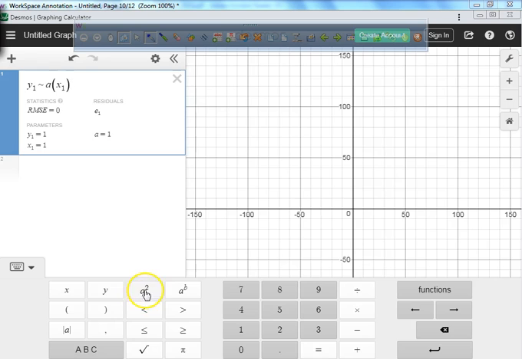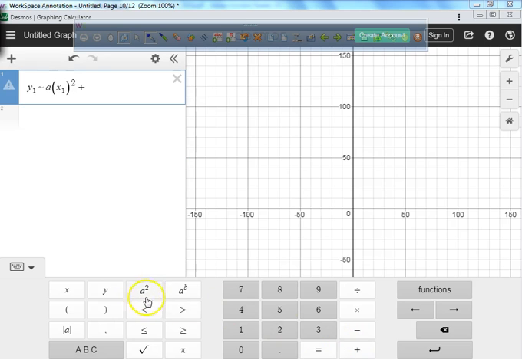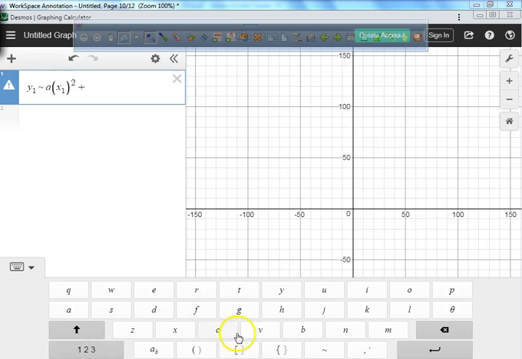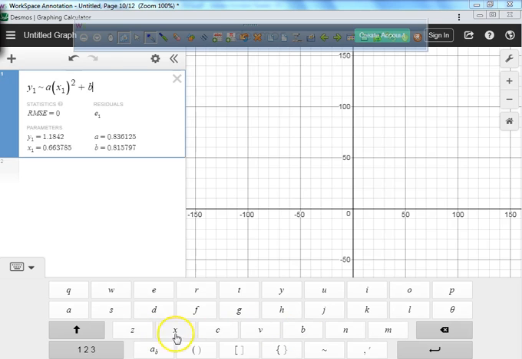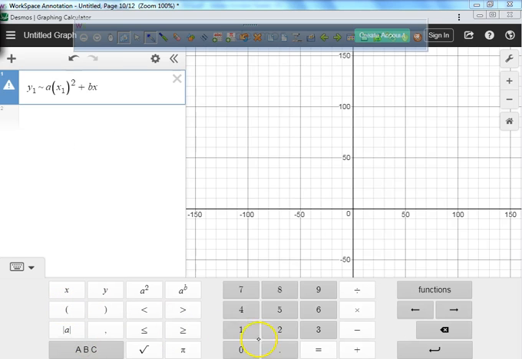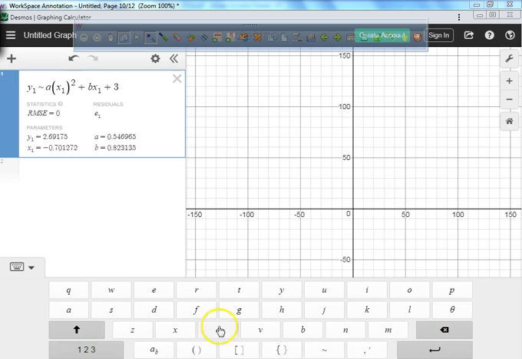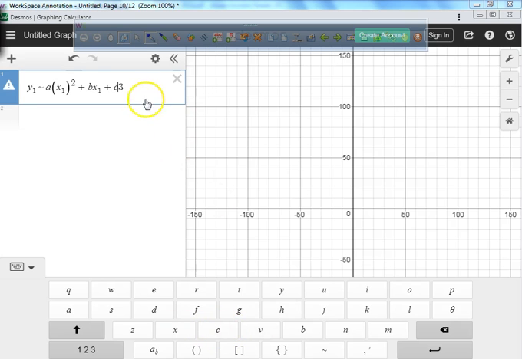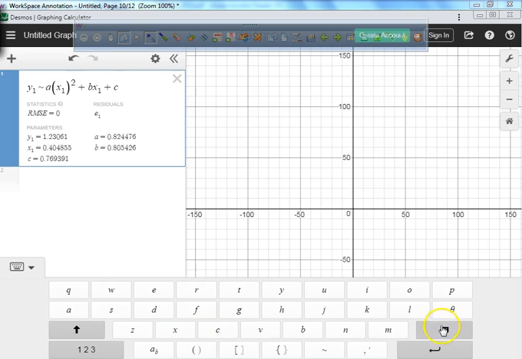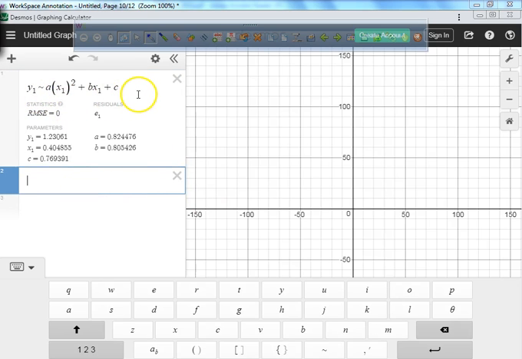Close the parentheses, square, plus b, x1, plus c. Okay. So right now, you guys see that right there? Write that down, because that shows you how to use Desmos to do it.